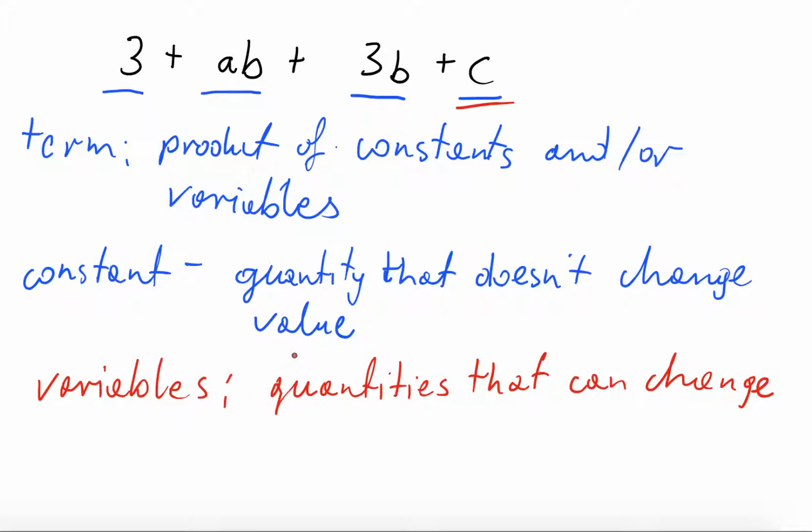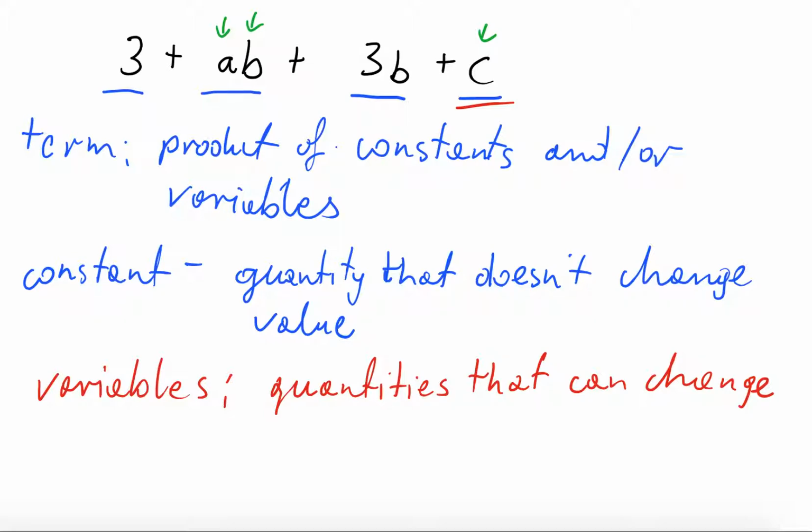So variables are quantities that can change. We have 3 variables in our expression. The first variable is A, the second one is B, and the third one is C. Variables are the third part of our expression.